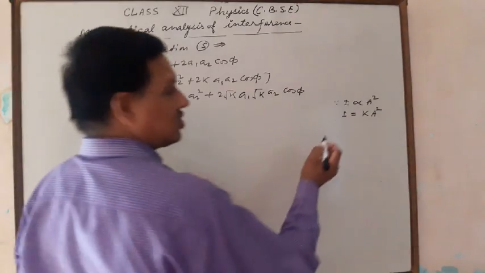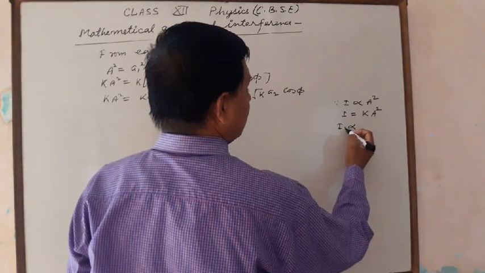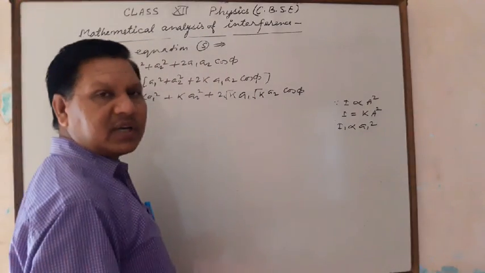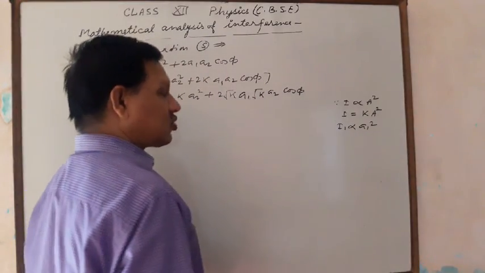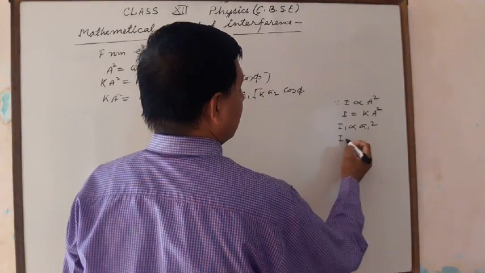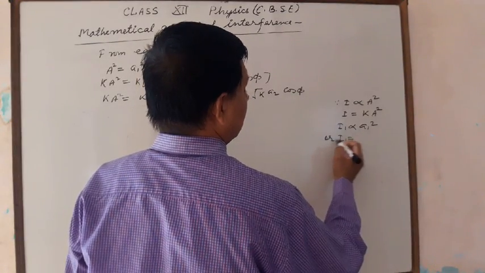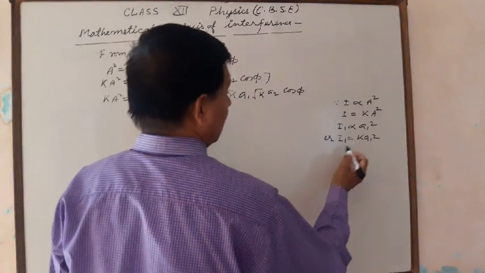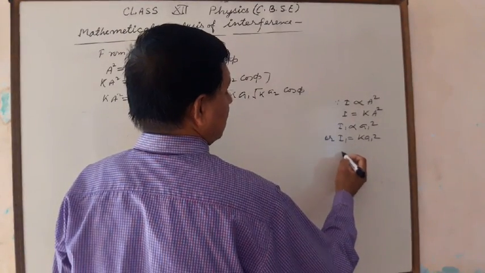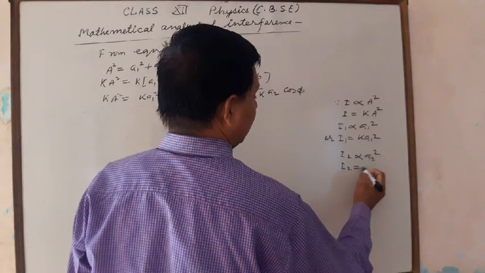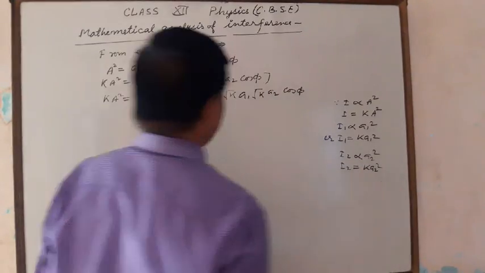Similarly, the intensity of the first wave is directly proportional to the square of the amplitude of the first wave: I1 proportional to a1 square, or I1 is equal to ka1 square. Similarly, I2 is proportional to a2 square, or I2 is equal to ka2 square.